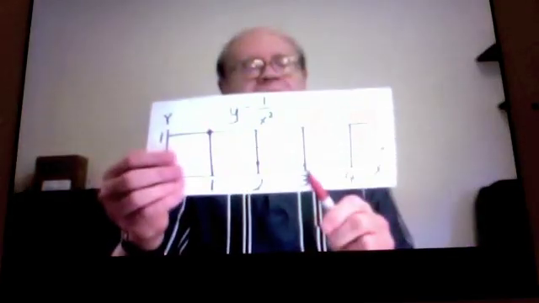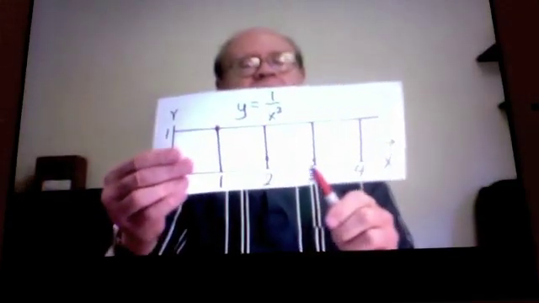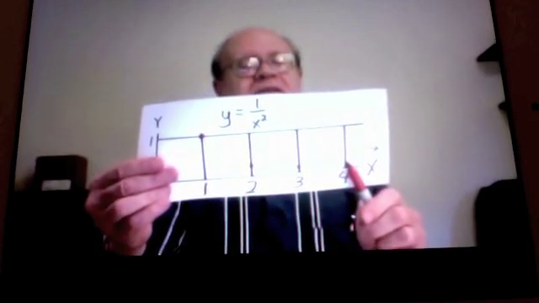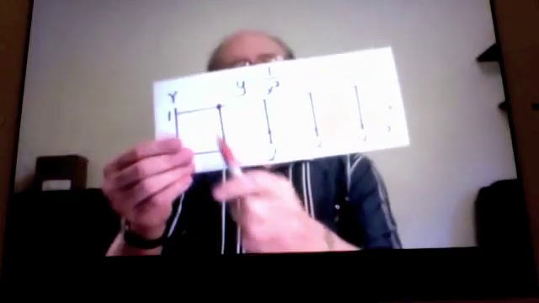That's that point. And when x is 4, y is not 1/4, it's only 1/16. That's very close to the x-axis, but still above it. And so we have these points.